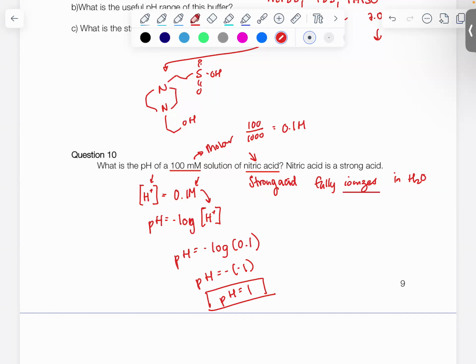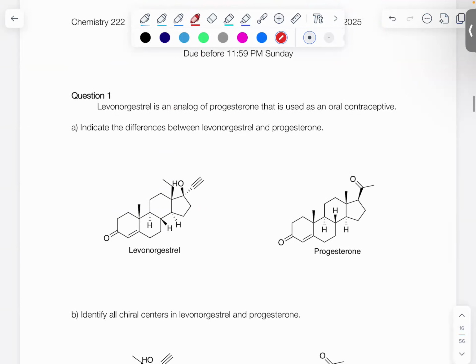Okay, homework 3. We're going to start with indicating the differences between progesterone and its analog. And so we can start with this ring.